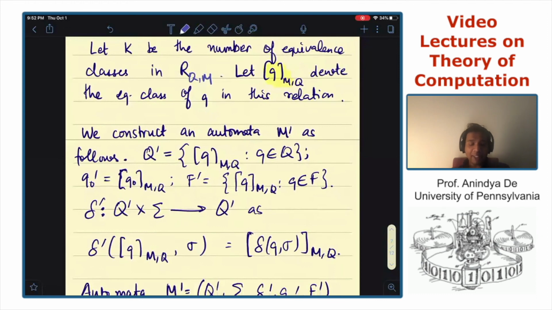The starting state of the new DFA will correspond to the equivalence class of the starting state q0 of the original DFA. The final states of the new DFA will correspond to the equivalence classes corresponding to the final states of the old DFA.